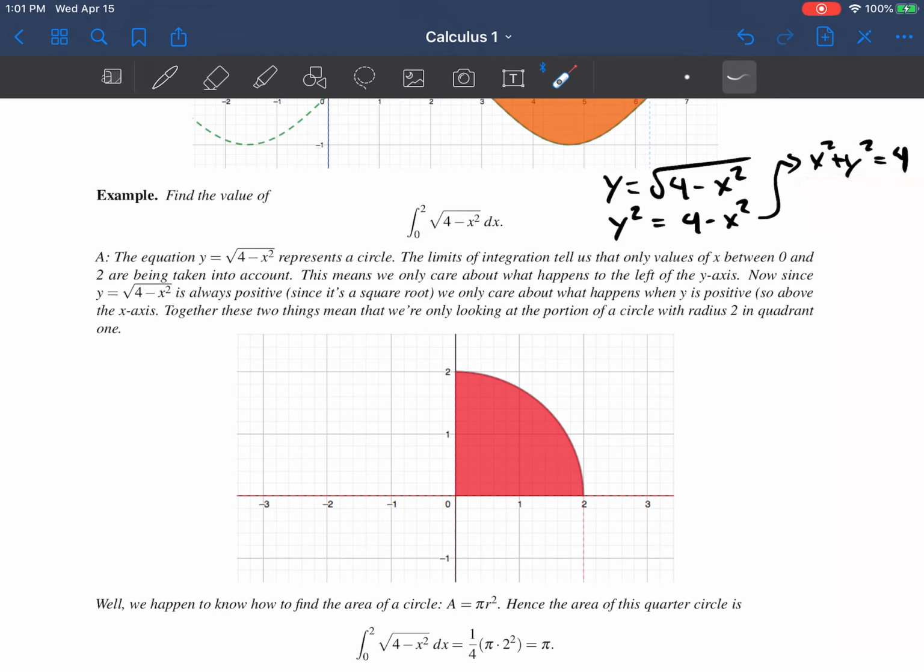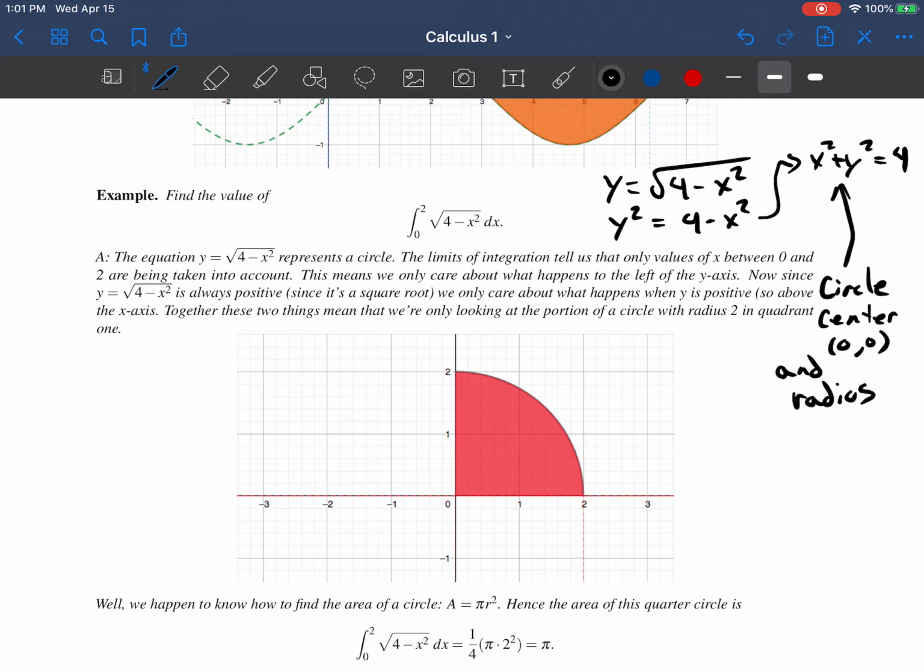Now you might recognize this type of equation. Maybe it's something you've seen before, but this is the equation of a circle with center at 0, 0, and radius r equals 2.